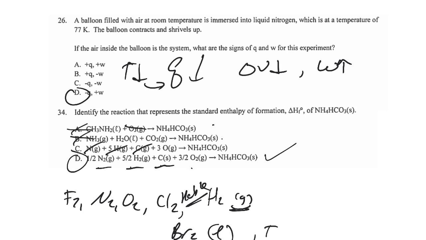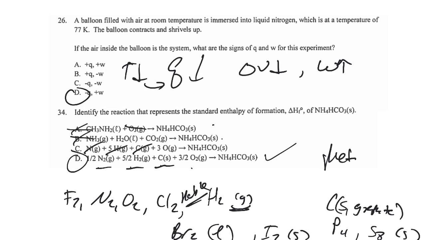Iodine's a solid. Carbon's a solid in the form of graphite. Some other solids would be P4 and S8. Metals are solids, with the exception of mercury, which is a liquid. Mercury and bromine are the only 2 liquids on the periodic table.